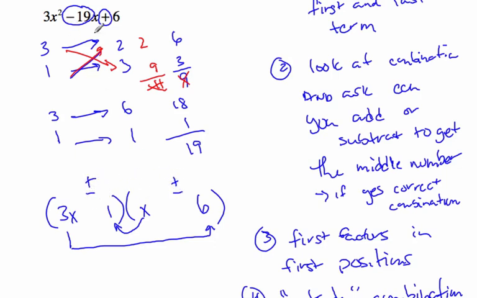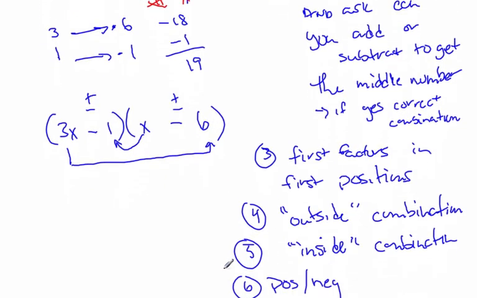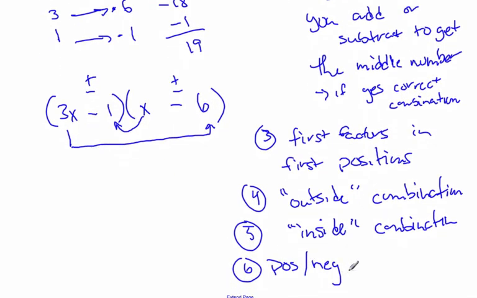It can't be one of each. And we want it to be a negative 19. So the only possible way is if they are both negative, because this is negative 18, negative 1. We want this to be negative and this to be negative. And so this is our factoring. So the last step is doing the positives and negatives.